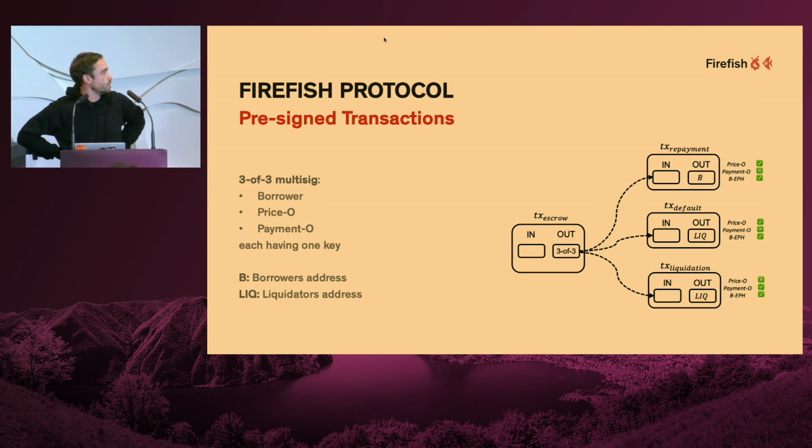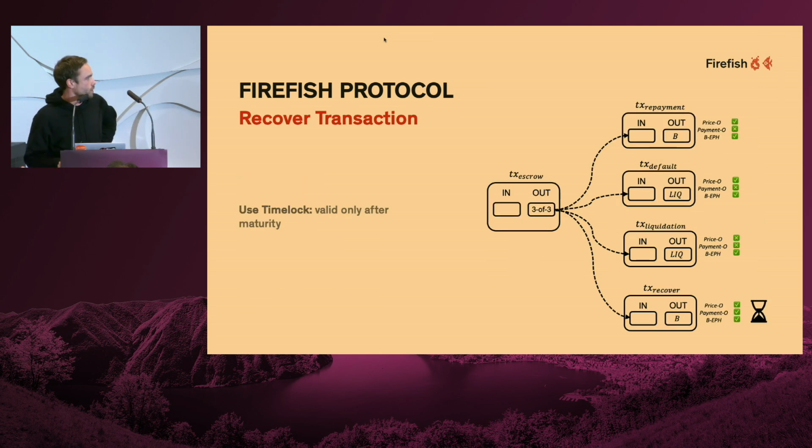Maybe you would question one thing: why should I fund some funky 3-of-3 multisig when I need the cooperation of somebody else to be able to spend the Bitcoin? What if they don't cooperate at all? So what we decided to do is add 1 more pre-signed transaction that has all the signatures on it already, but it's time locked.